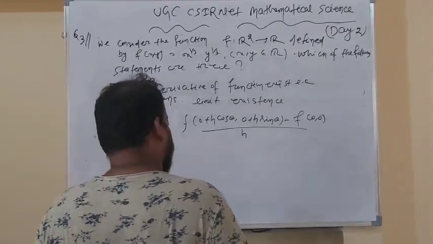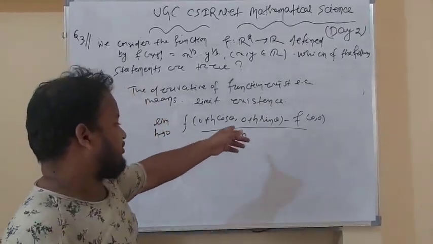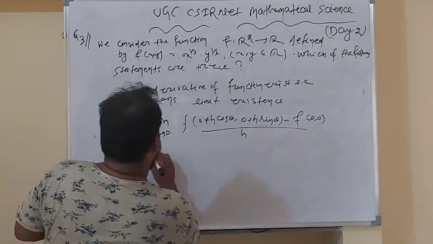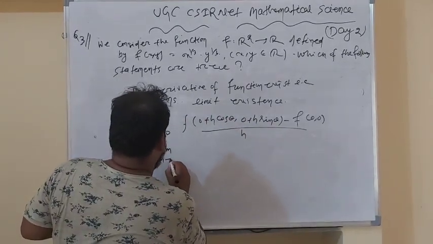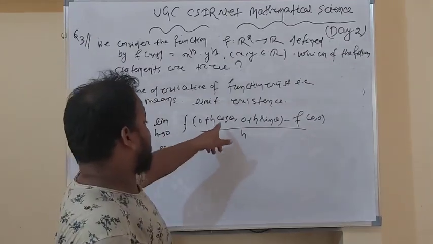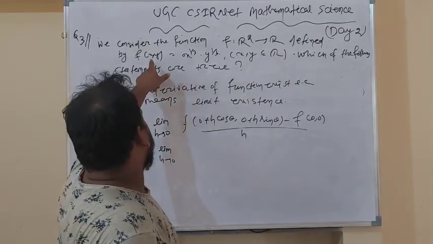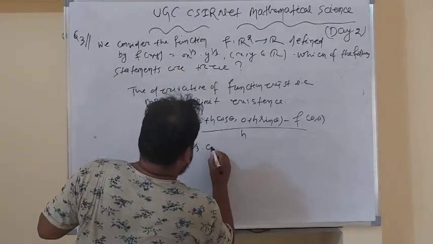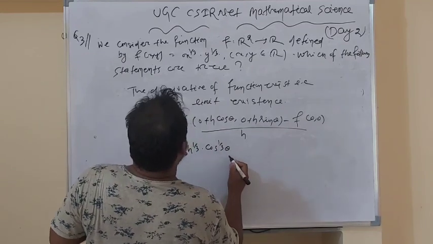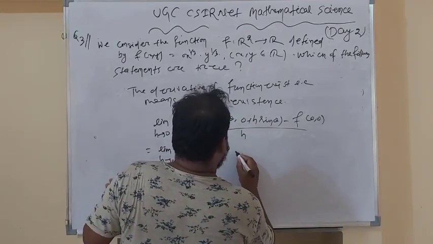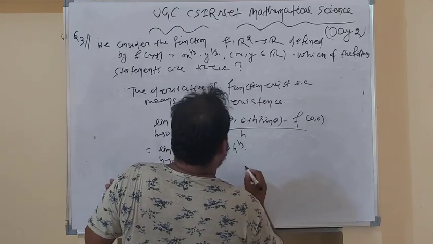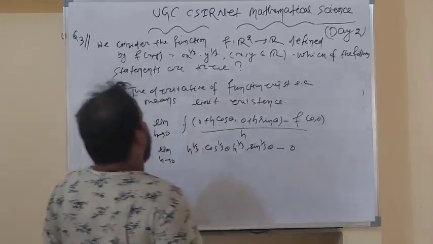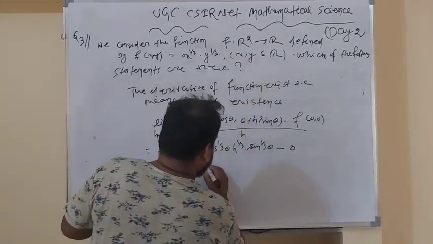Substituting into the function, we get h^(1/3) cos^(1/3) theta times h^(1/3) sin^(1/3) theta, minus 0, divided by h.